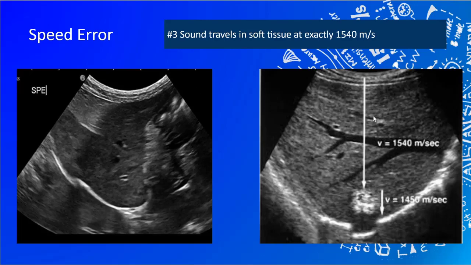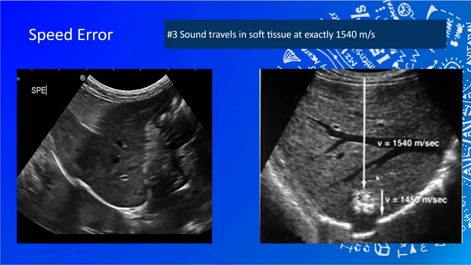So let's look at this example here. We have sound again coming in from the transducer, expecting all these echoes are coming back at that 1540 meters per second. It then interacts with a structure that has slower propagation speed. And so the echoes that are coming back from here and beyond are also going to come back a little bit later.